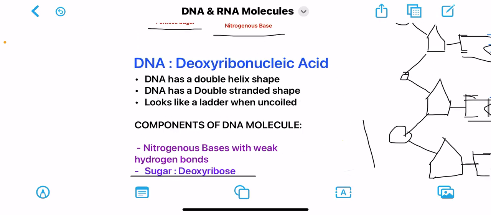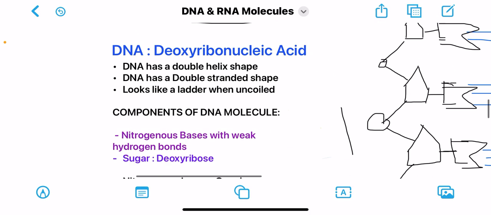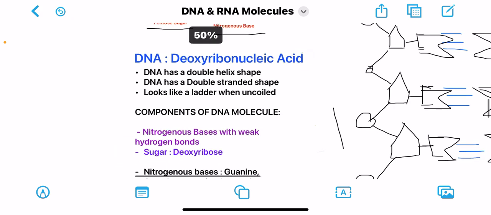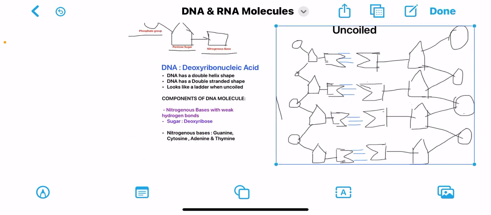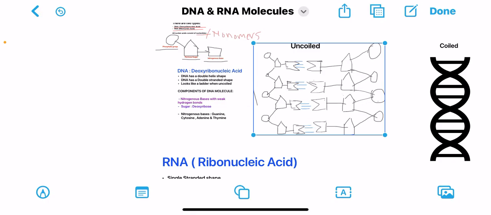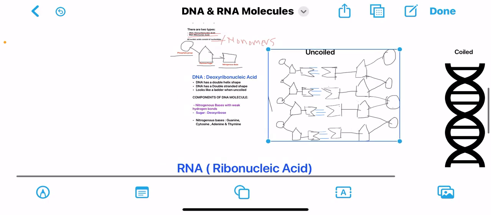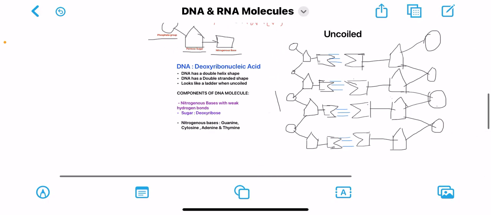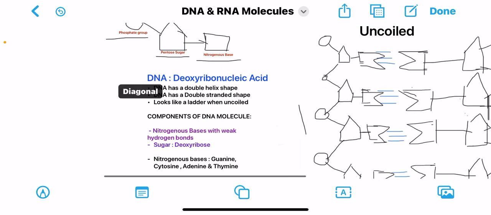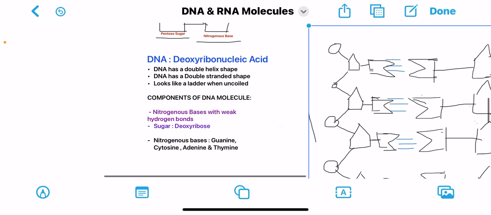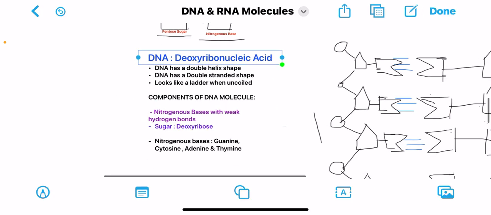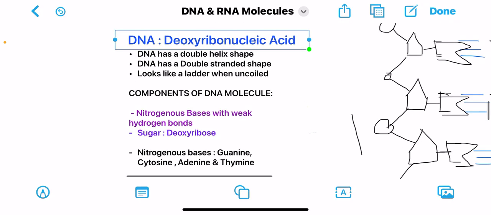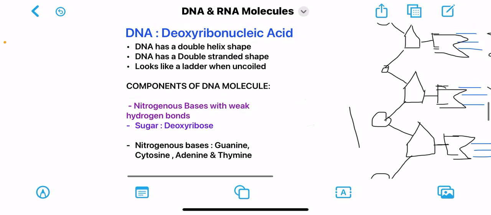Now, we are going to enter into the DNA molecule. We have DNA, which is deoxyribonucleic acid.